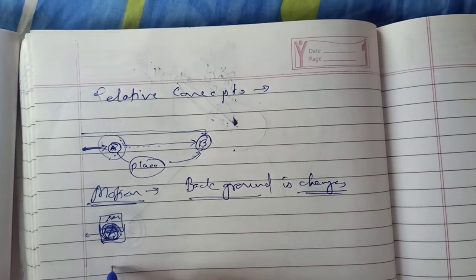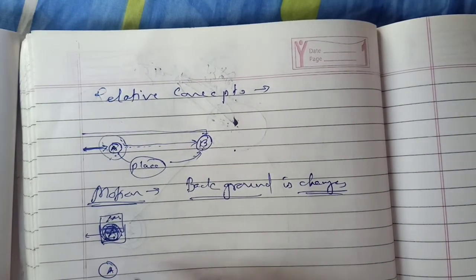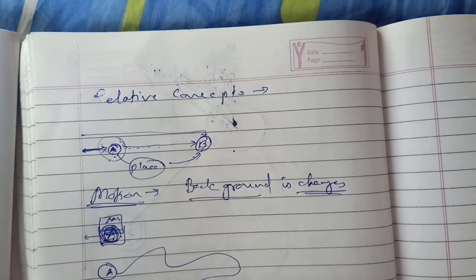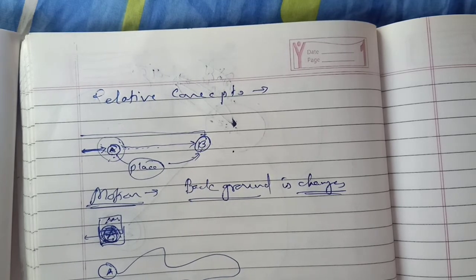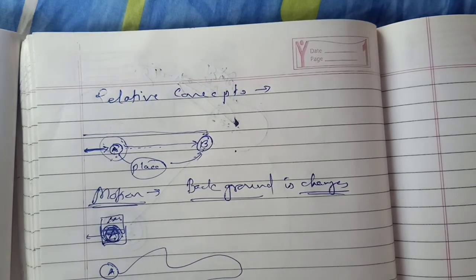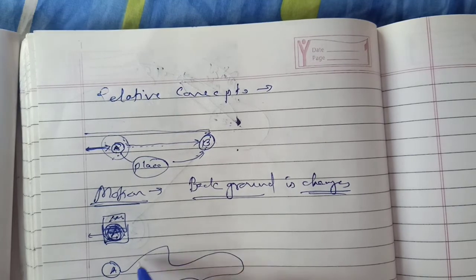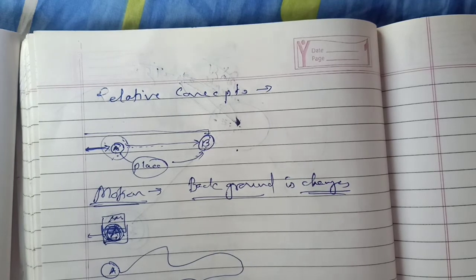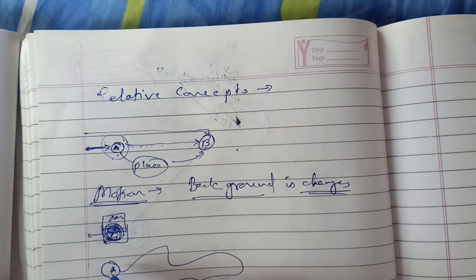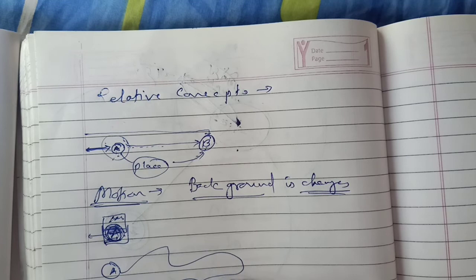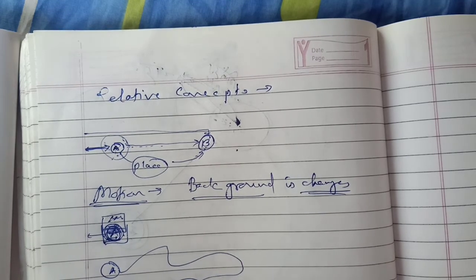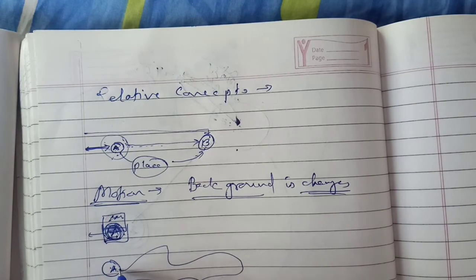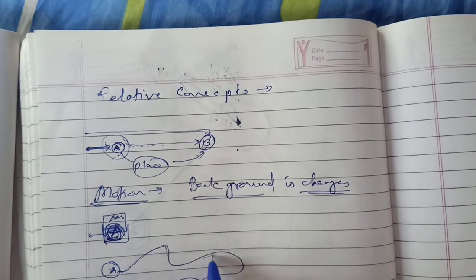So an object can be moved from place A to B, and the movement of the object may be in any way. Then the object reaches B. This movement is seen as the background changes at every point, and it covers some distance through this route.